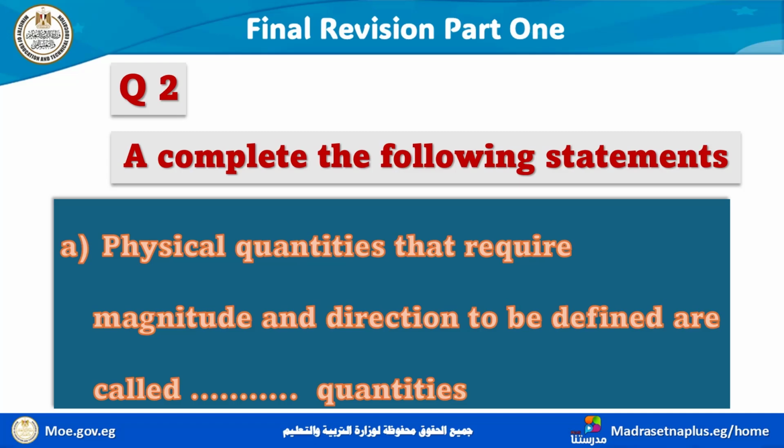In vector physical quantities, we define the quantity by both magnitude and direction, while in scalar physical quantities, we need only the magnitude of the quantity. So, in our case, we require magnitude and direction to be defined, so it's the vector quantity.